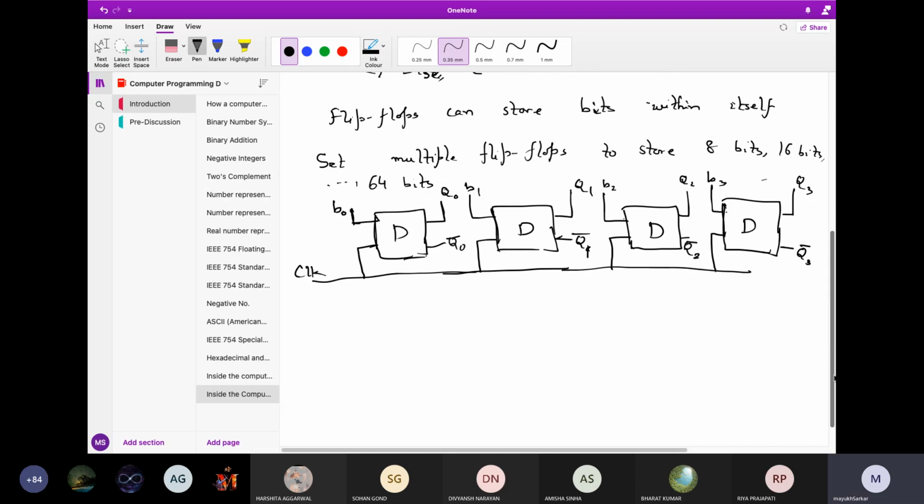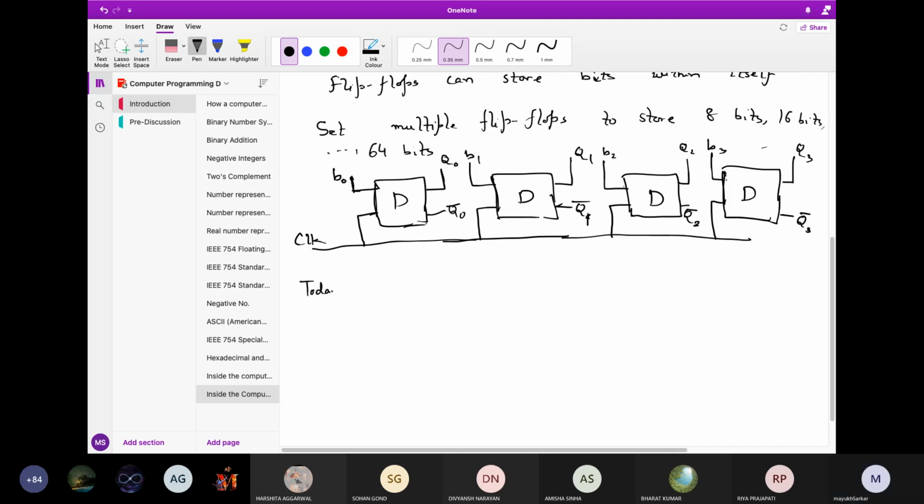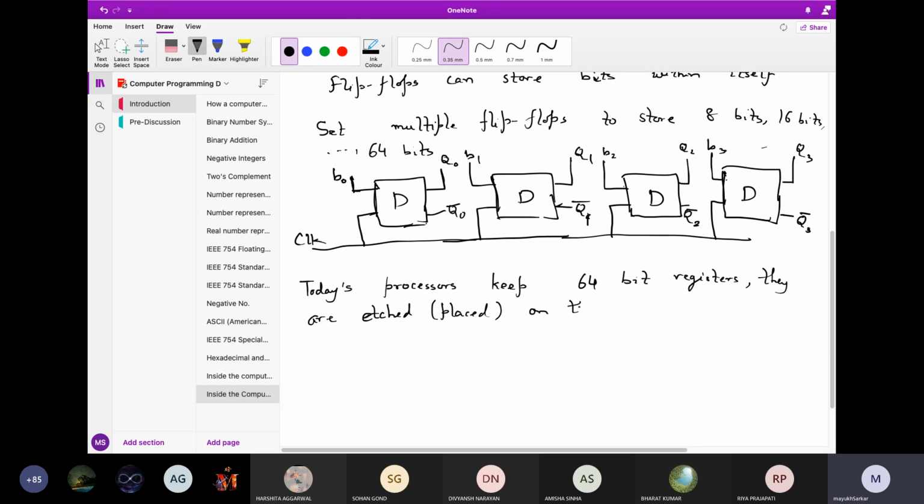Okay, and today's processors keep 64-bit registers. In VLSI, transistors are etched, which is a very common term. They are etched, that means they are placed, on the processor chip itself.